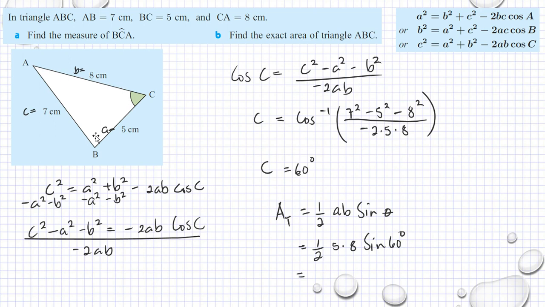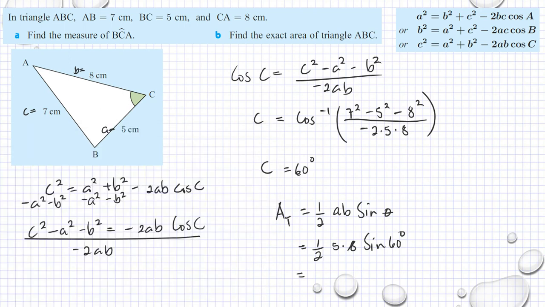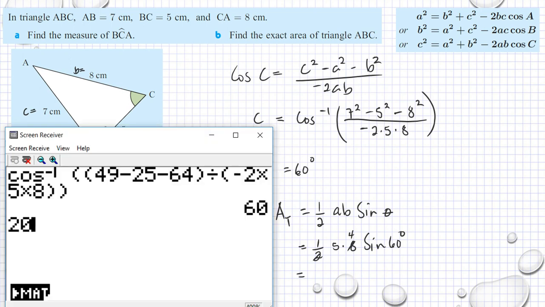Then we have our calculator once again. 5 times 4, because this will become 4, that's 20. 20 sine 60 degrees.